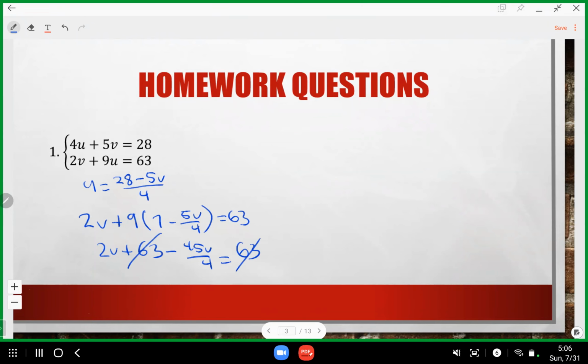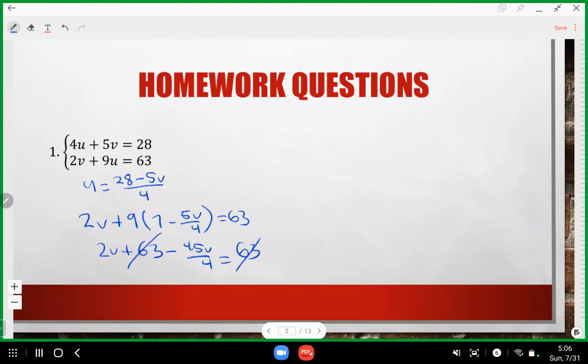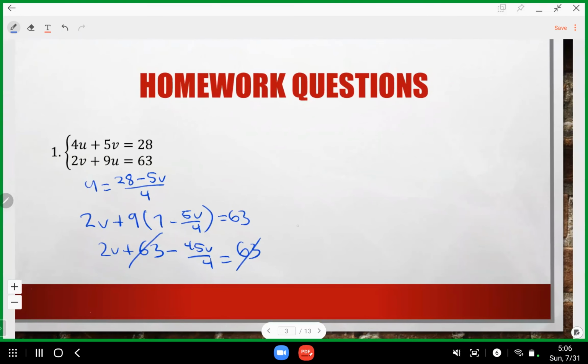And then I multiplied everything by 4, which got me 8V minus 45V equals 0. 8V minus 45V is negative 37V, and negative 37V is 0. So V is 0.